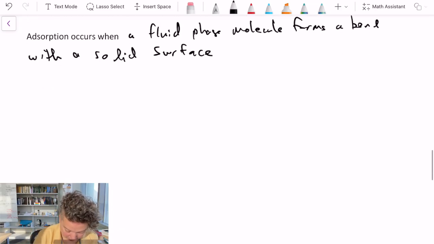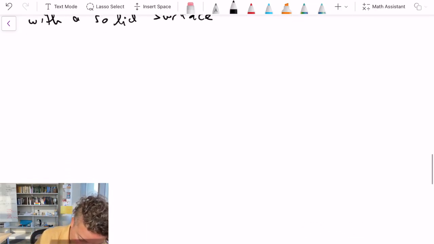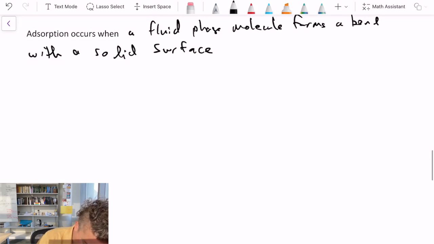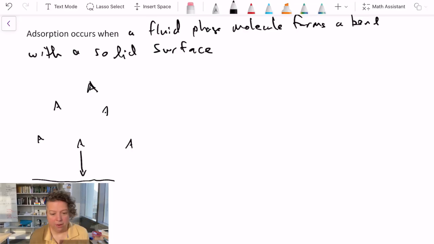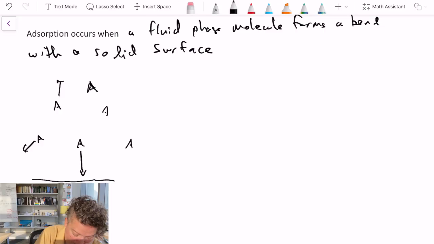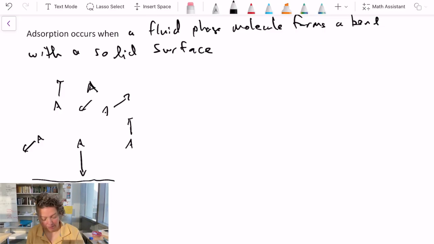So if I have my catalyst surface and I have molecules of A, for example, zooming around here, some of those molecules are going to collide with the surface. These molecules are maybe zooming all around like gas phase molecules do. I'm trying to draw this kind of randomly.